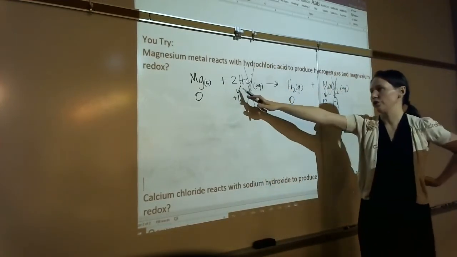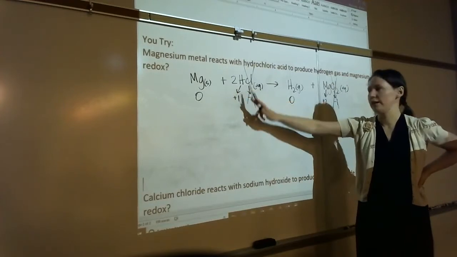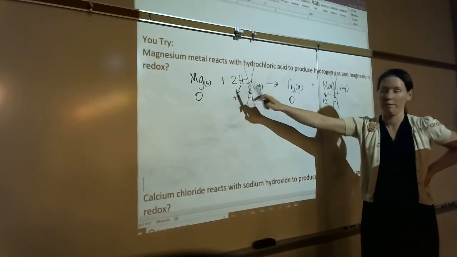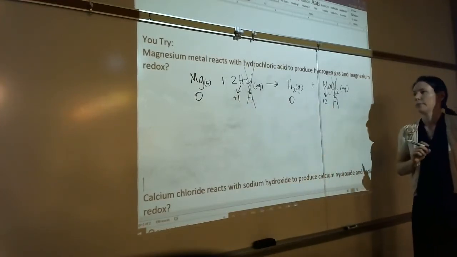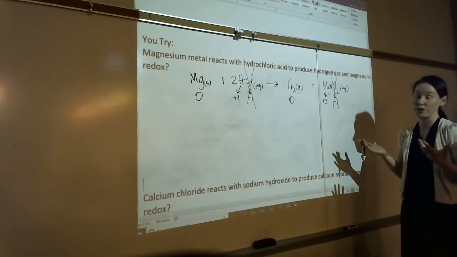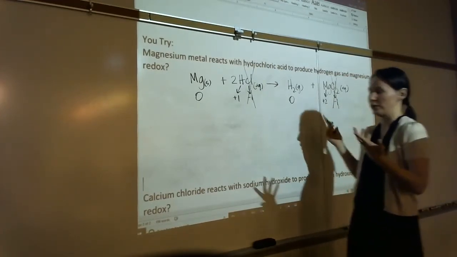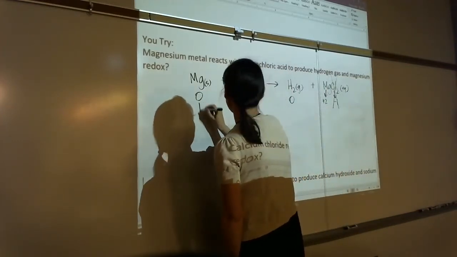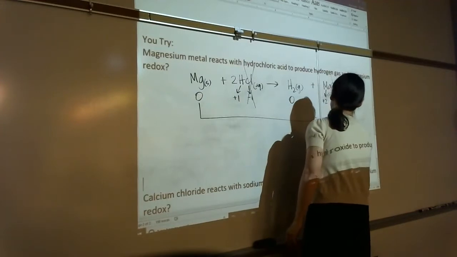Does the fact that there's a 2 in front of this have any effect on the oxidation numbers? No, that 2 is just telling you how many you have, okay? So you can look at this pretty quickly and tell that it's redox because you've got 2 things that are 0, right? So therefore, someone's got to go up and someone's got to go down. Magnesium goes from 0 to +2.